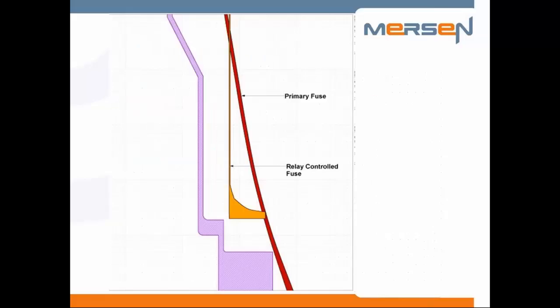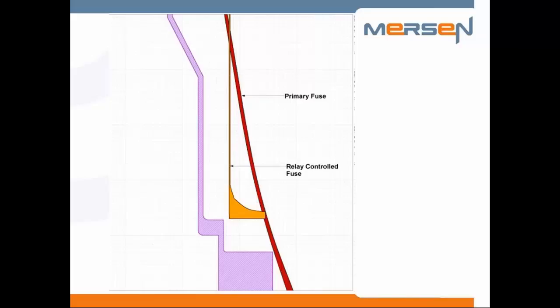With that approach, you can now move and shape the controlled fuse curve by making different settings on the relay. What's shown with the orange curve here is a pickup that's higher than the pickup of the fuse, and also shows a delay on the instantaneous, so it lifts the curves up and beyond.